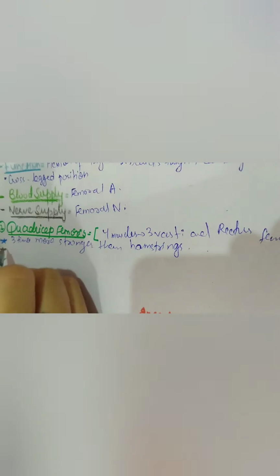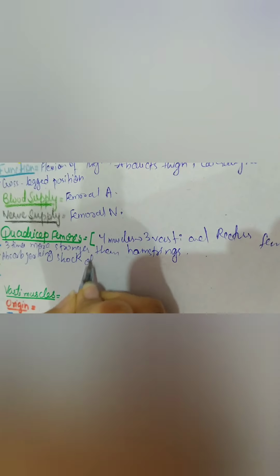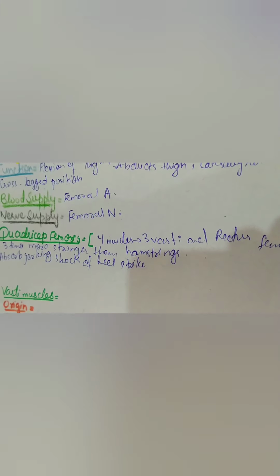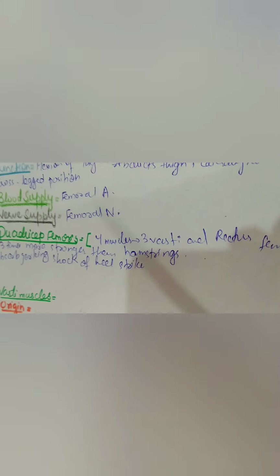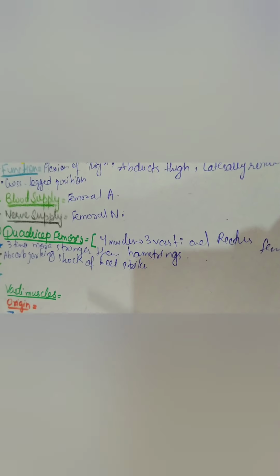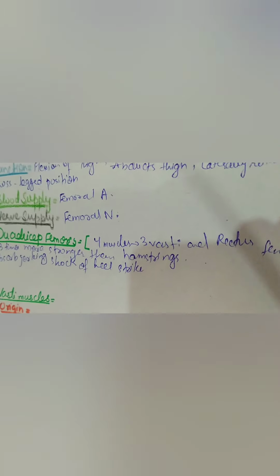And yes, it absorbs the jerking shock of heel strike. Now what is it? When we put our heel on the ground, there is produced a reflex, or we can say a jerking shock. So quadriceps femoris basically absorbs that and helps in the movement.